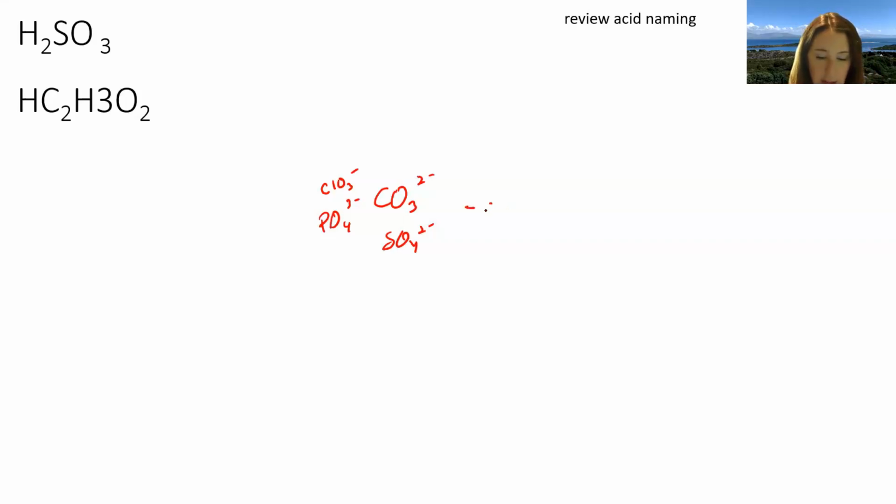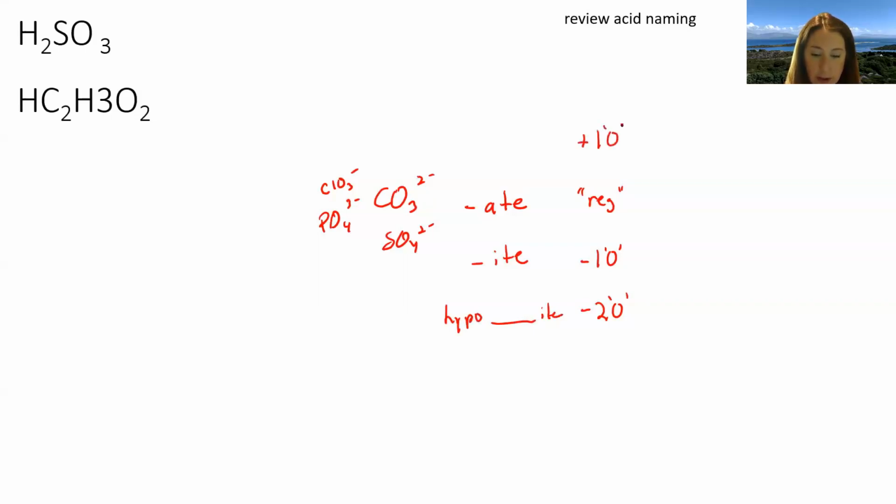The ones that end in ate, we're just going to call regular. If you lose one oxygen, they become ite. If you lose two oxygens, they become hypo-ite. If you gain one oxygen, they become per-ate.